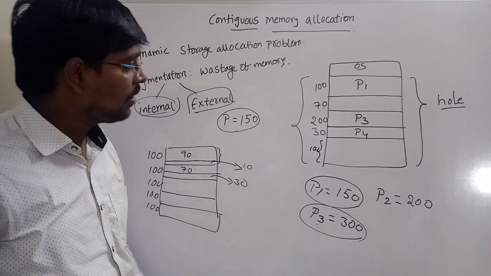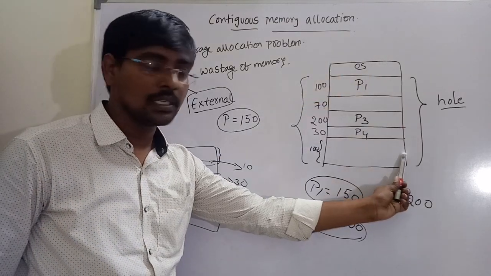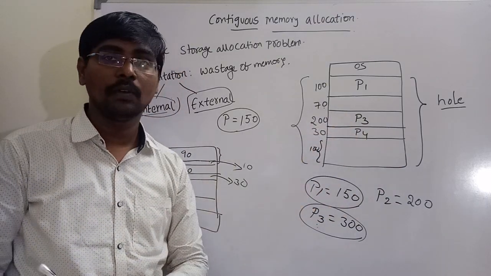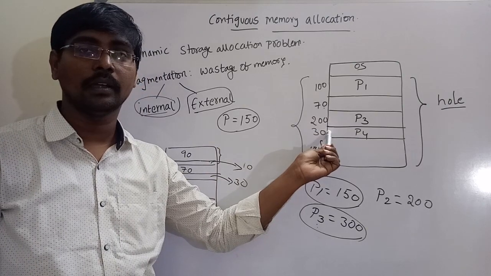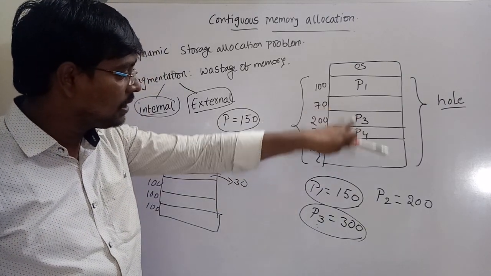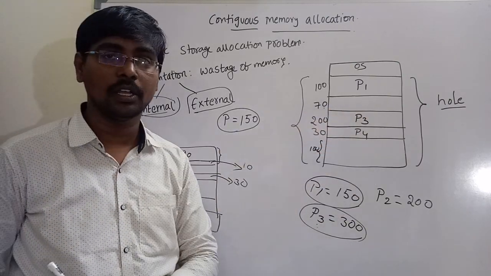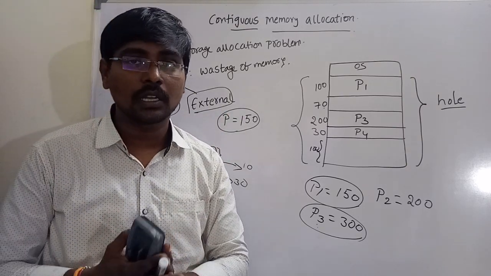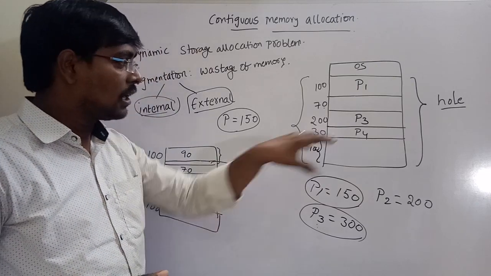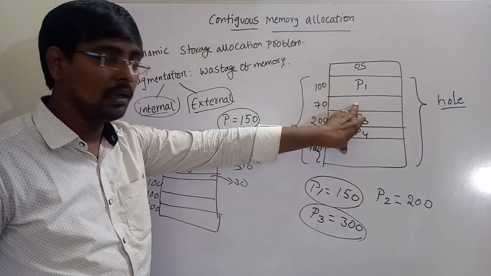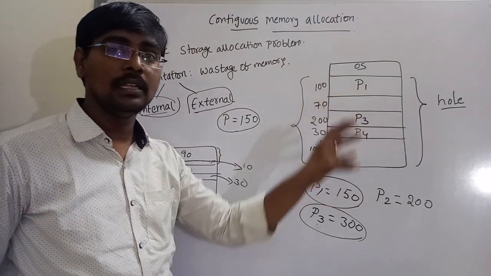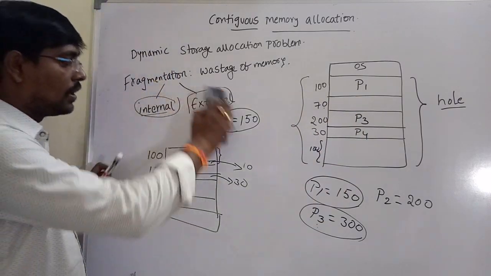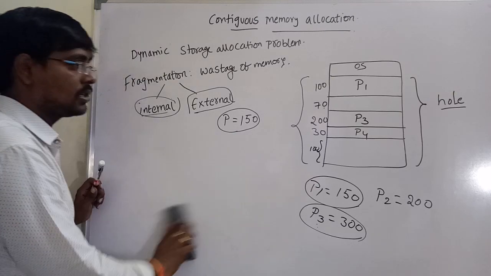Here the total available memory in this system is 70 plus 100, 170. I require only 150, but it is not allocated because these 70 and 100 are not contiguous. This is called external fragmentation. So external fragmentation means the required memory is available, but it is not contiguous, that is, not sequential.